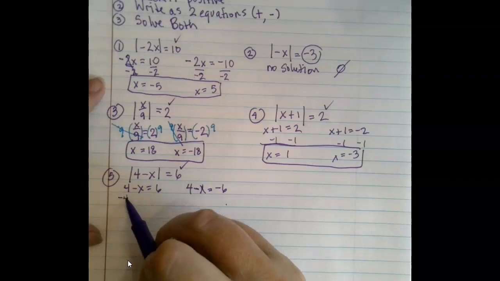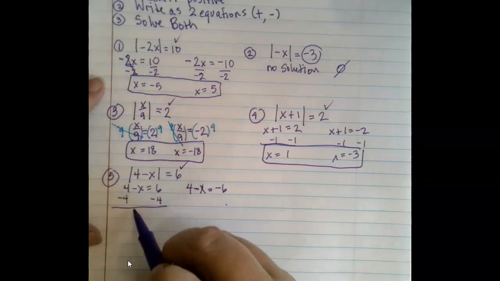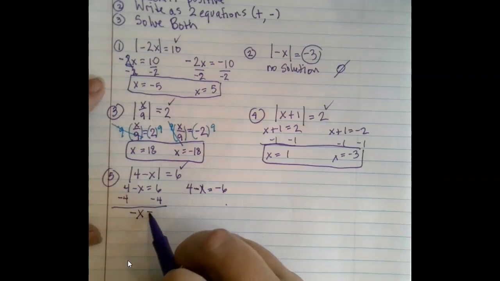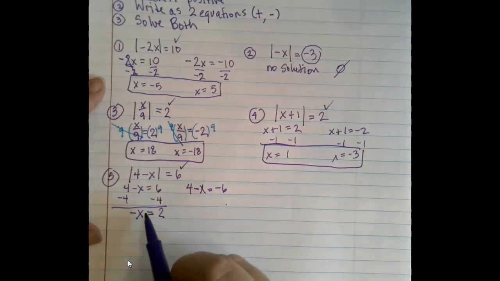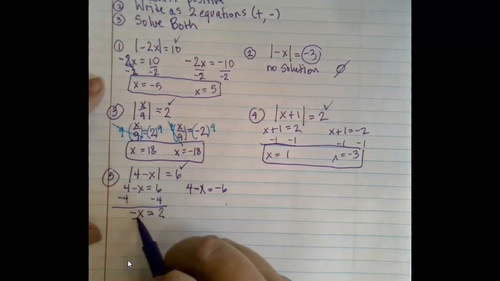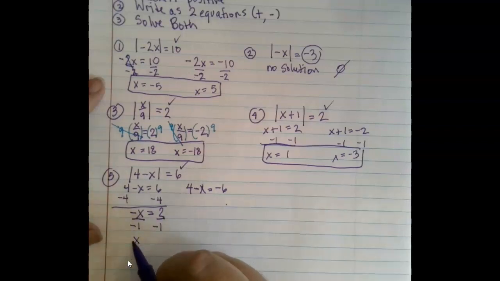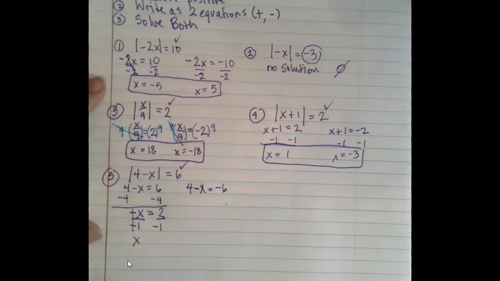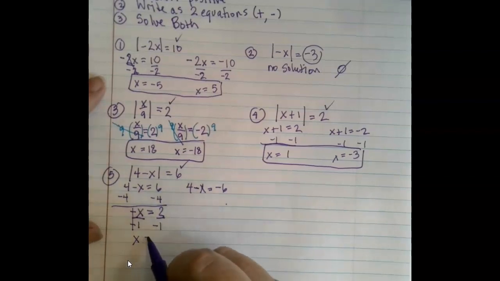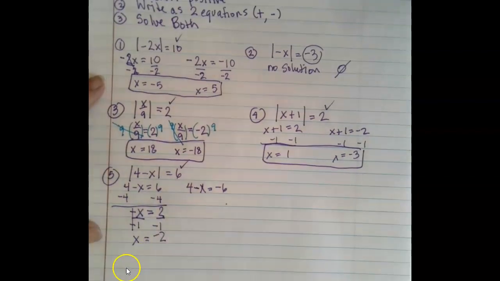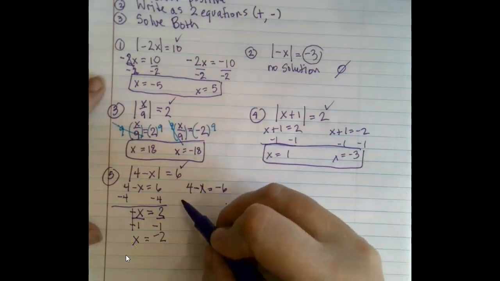So I'm going to go minus 4. And I get negative x equals 2. Now, how do I get rid of this negative here? I do that by dividing by negative 1. So this becomes x, because a negative over a negative is a positive, and 2 divided by negative 1 is negative 2.